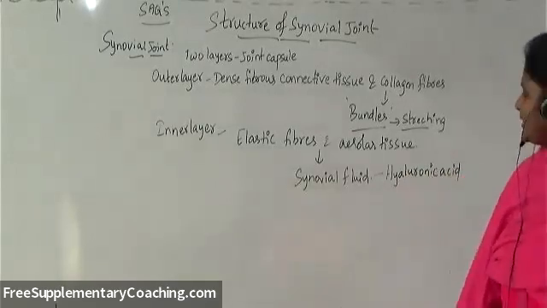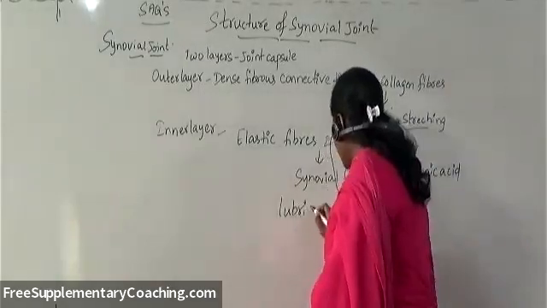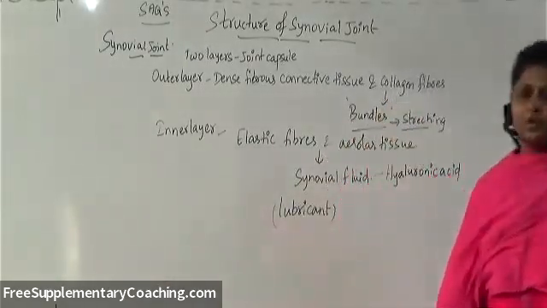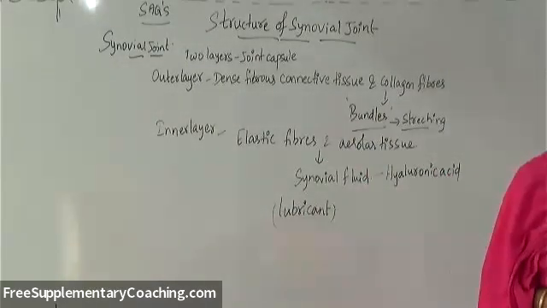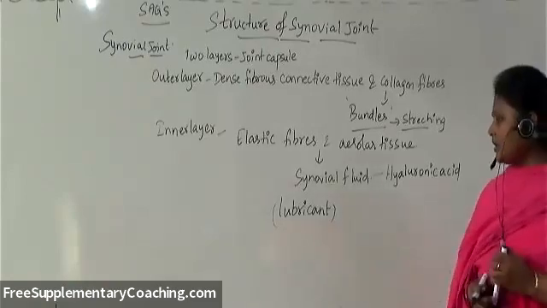And not only that, the synovial fluid acts as a lubricant, thereby preventing friction between the two bones. That means the two bones will not adhere to each other, and they won't get ruptured.